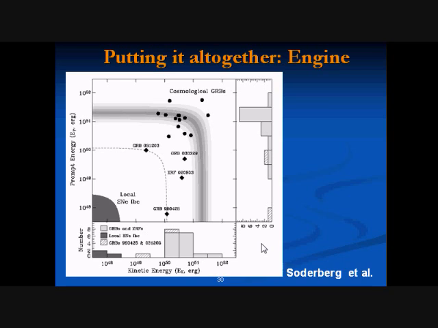The GRBs are lying at a much higher end, and although there is a dispersion and a broad distribution of energy, most of the clustering is still around 10^51 ergs, even in the Swift era. Some of these intermediate GRBs have been shown in the dotted line, and they are in between the supernova and the main GRB distribution.